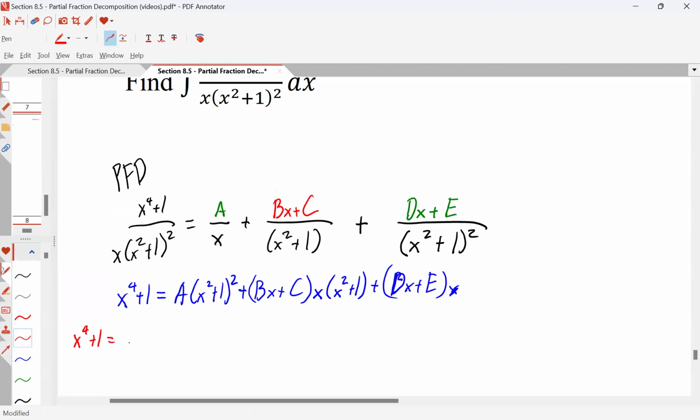But x squared plus 1 squared is x to the 4th plus 2x squared plus 1.